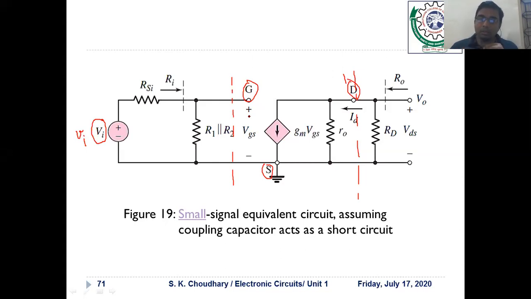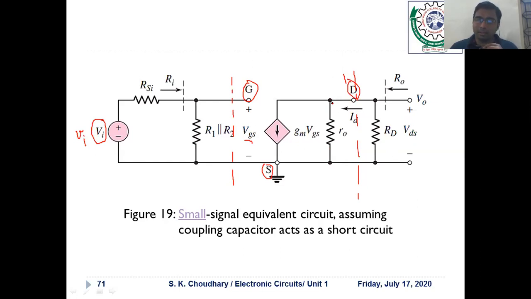Then the voltage between gate and source is VGS, shown here. Between drain and source there is a voltage difference VDS, shown here. These are parallel branches.